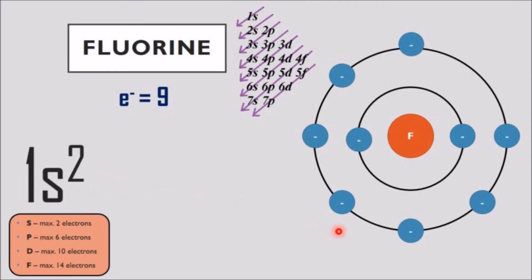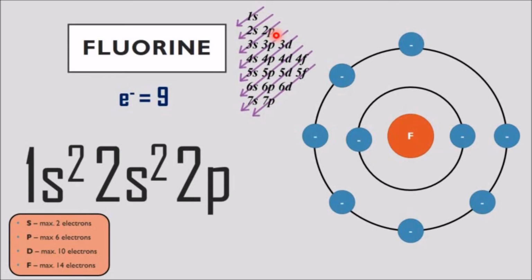So let's proceed to the next subshell, which is 2s. Same condition with the first shell. The s orbital could only hold 2 electrons, so we're going to put 2 as its superscript. We already identified 4 electrons, so we're missing 5. So let's proceed to the next subshell, which is 2p.